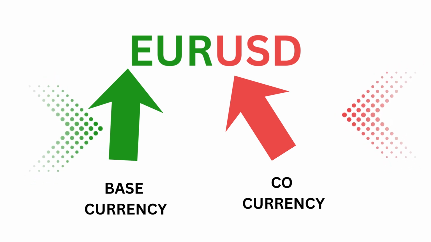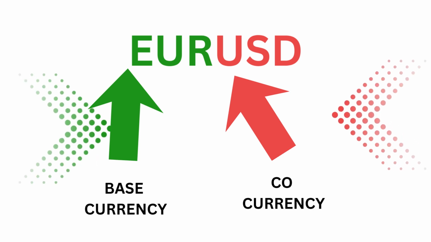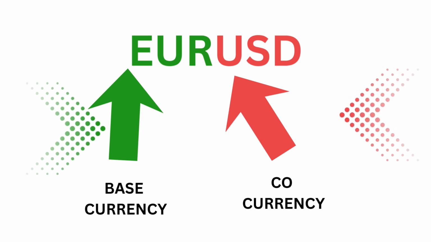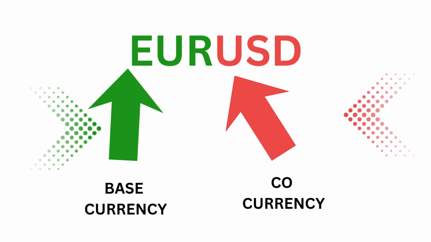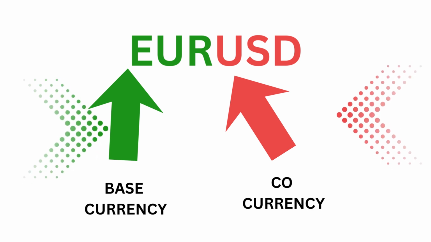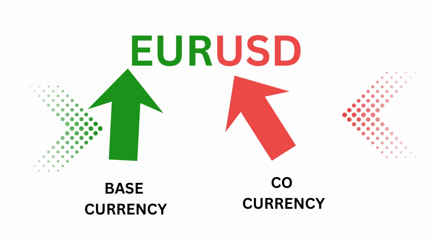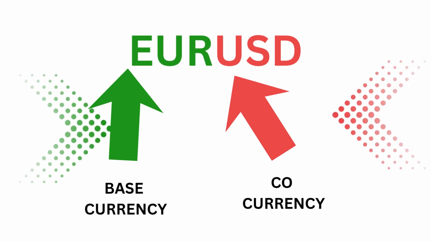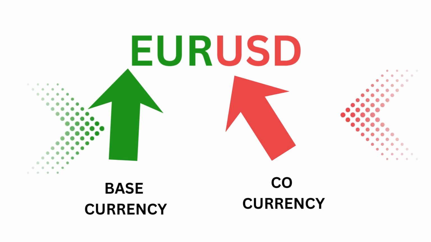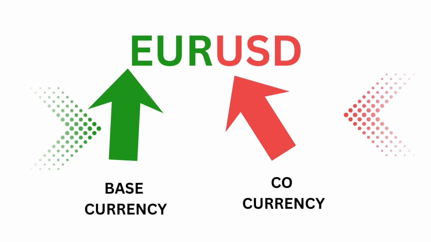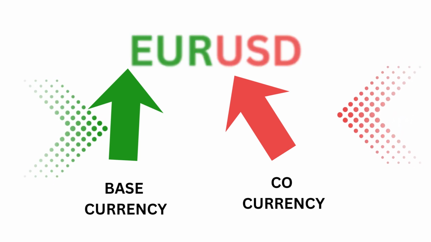That number means 1 euro equals 1.0850 US dollars. If the price goes up to 1.0900, the euro got stronger. If it drops to 1.0700, the euro weakened. Simple, right? But understanding that tiny movement, those pips, is where traders start to make or lose money.